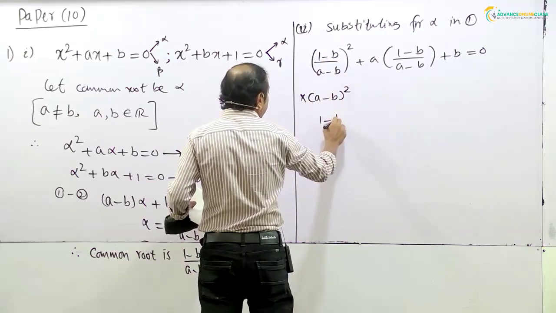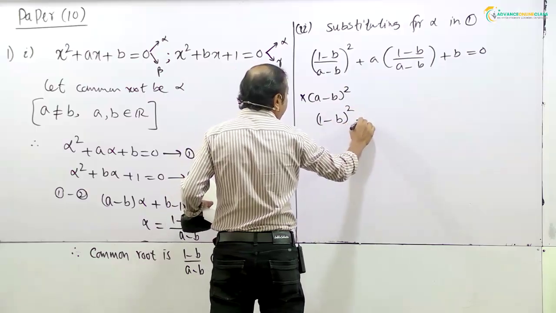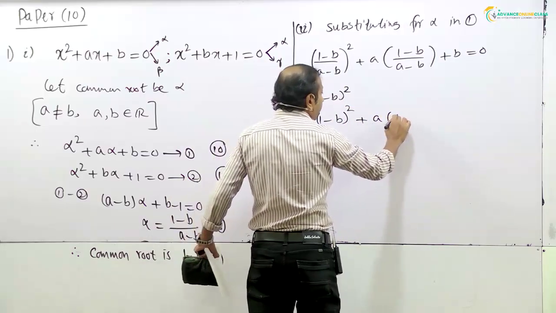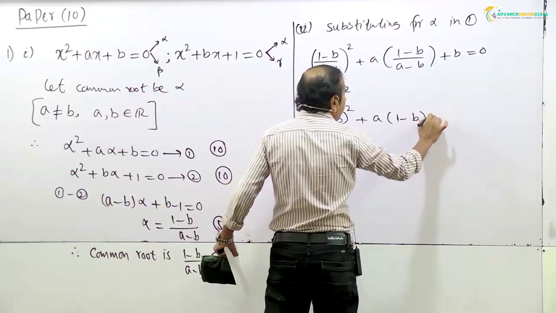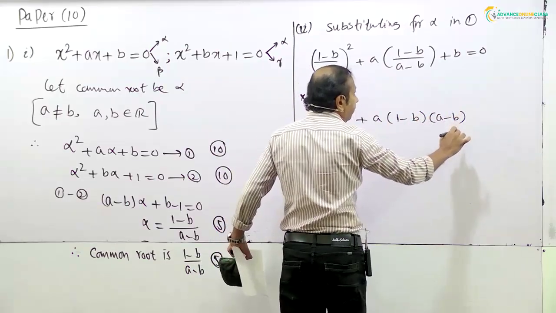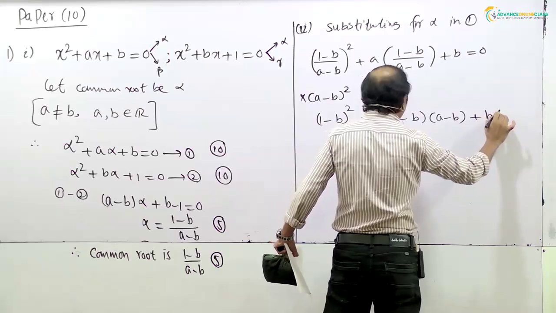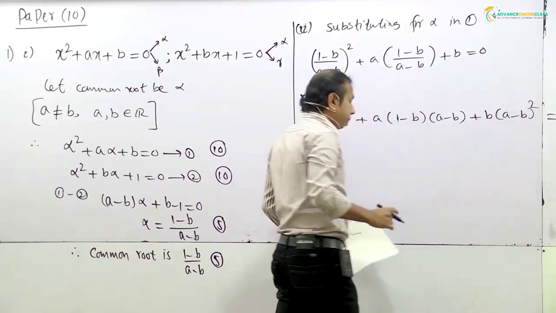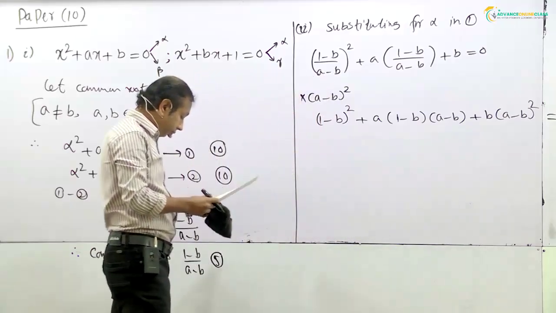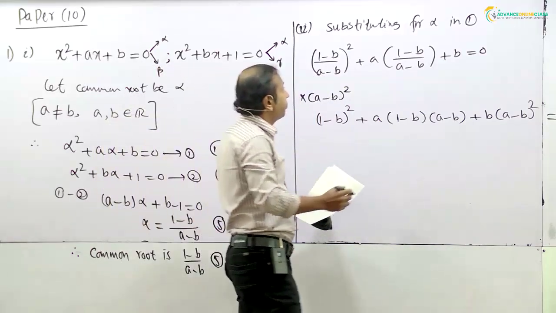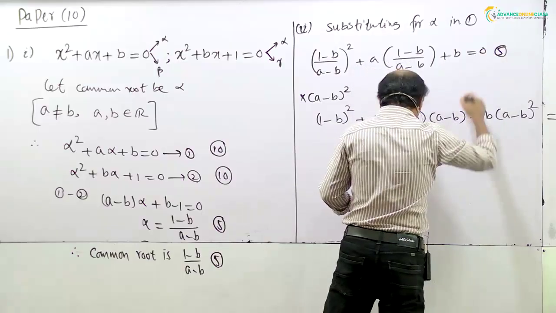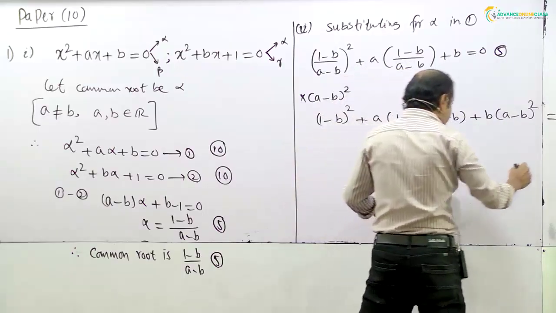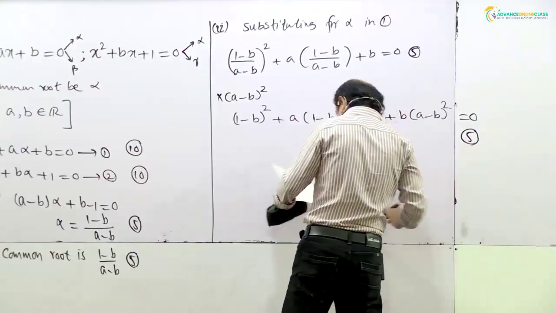Then this becomes 1 minus b perfect square, plus a times 1 minus b times a minus b, plus b times a minus b perfect square. It should be equal to 0. Right, here substitution for alpha, 5 marks given, and multiplying this, another 5 marks come in.